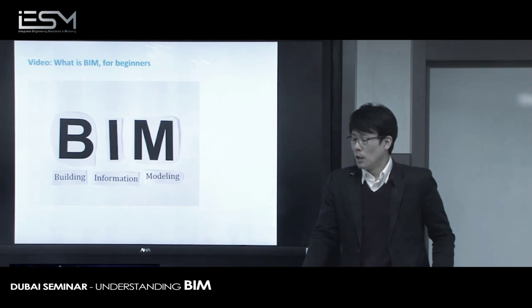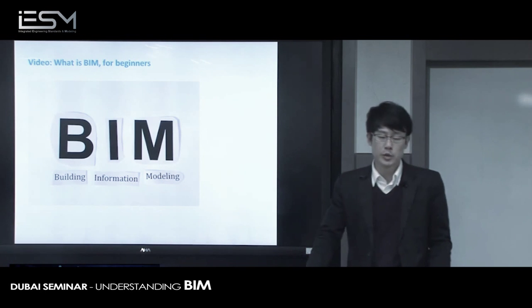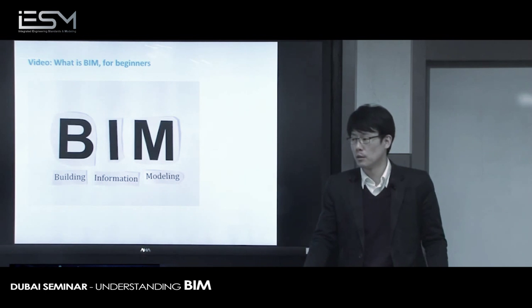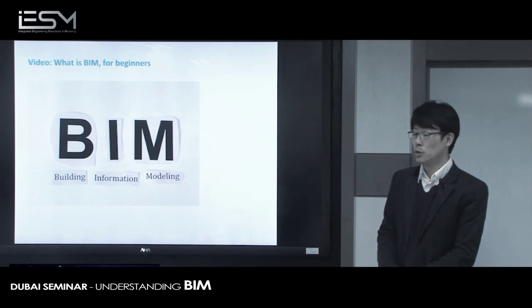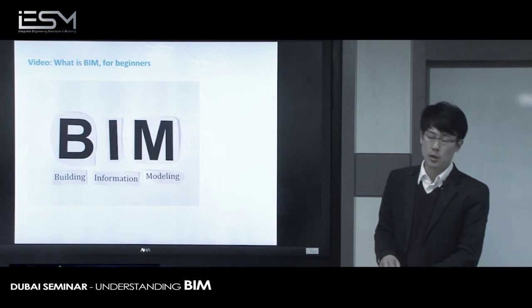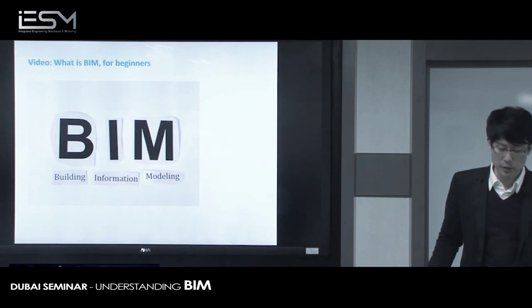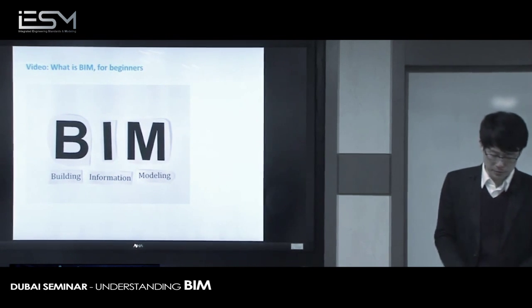So, in other words, BIM is kind of an integrated computational model, a collection of your information about your building. That means BIM can be used not only for design, but also for the rest of the building life cycle, for engineering, for construction, even facility management, maintenance, probably for hundreds of years.